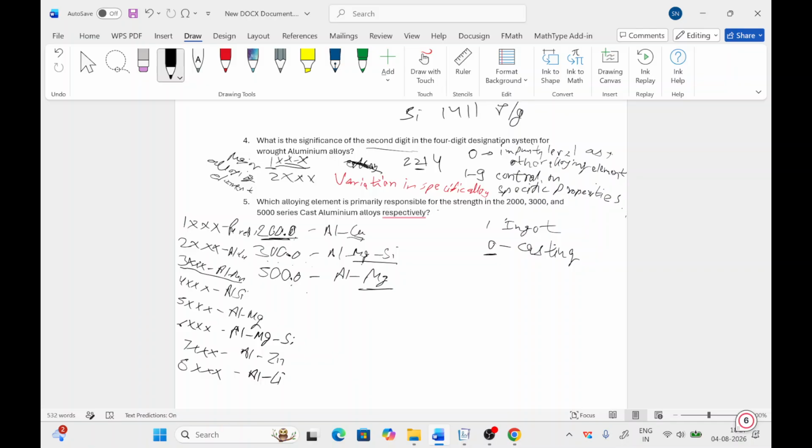So aluminum copper will form Al2Cu intermediate precipitate. This forms Mg2Si, and this forms some type of complex intermetallic compound.